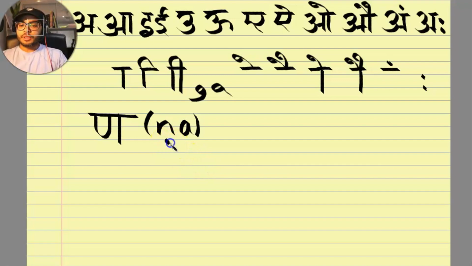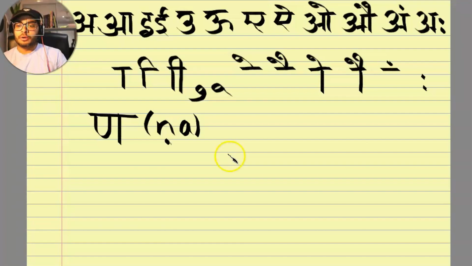A lot of times this sound is confused with the na sound, but there is a subtle difference. For na, you touch the tip of the tongue to your palate, but for this ana, you roll the tip of your tongue back and then make that sound. As a word in English, I don't think there is any word for this sound, but a word in Nepali that uses this sound would be parmanu.